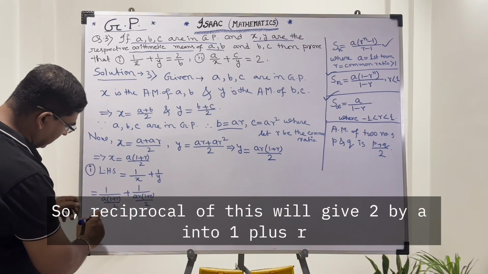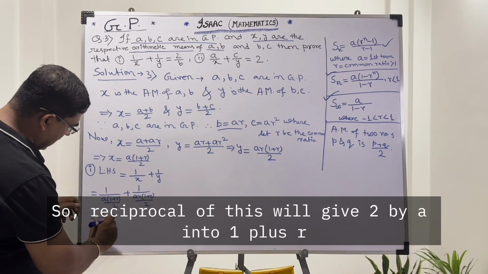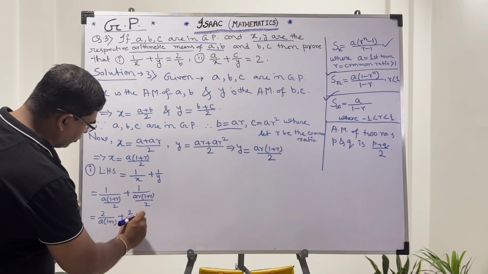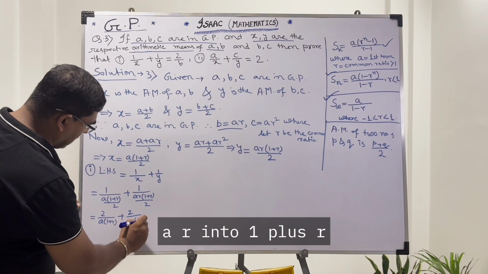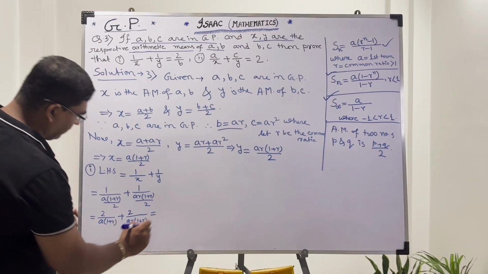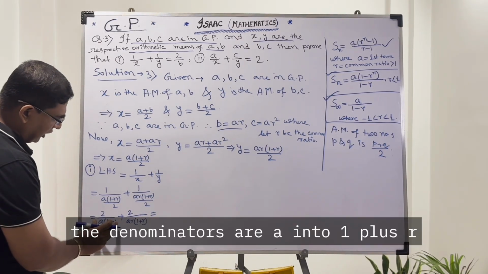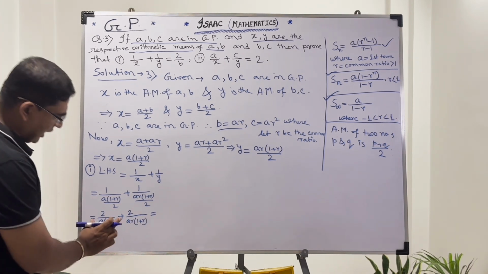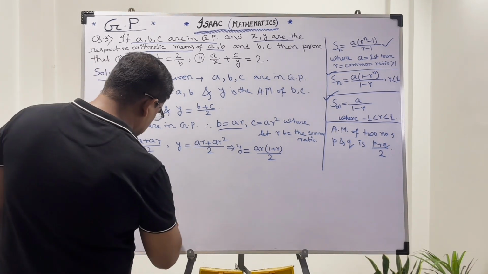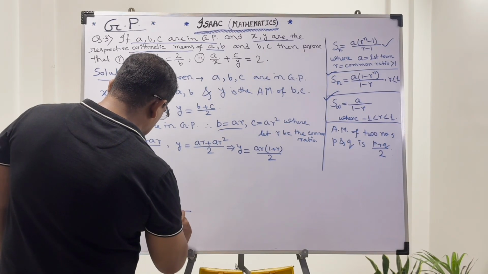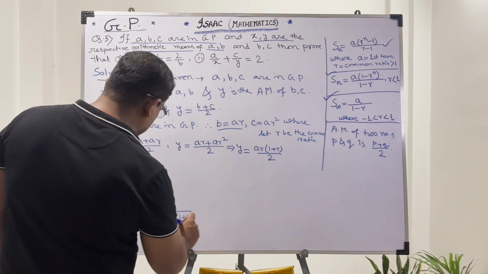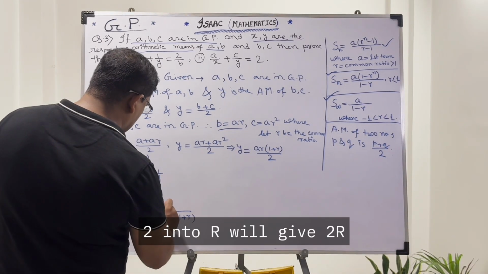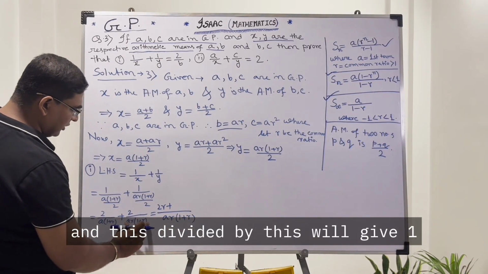So, reciprocal of this will give 2 by A into 1 plus R and reciprocal of this will give 2 by AR into 1 plus R. Now, the denominators are A into 1 plus R and AR into 1 plus R. The LCM of these two is AR into 1 plus R. Dividing this LCM by this, we get R. So, 2 into R will give 2R and this divided by this will give 1.